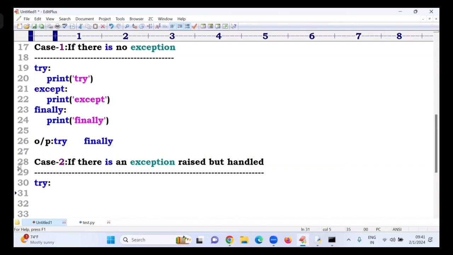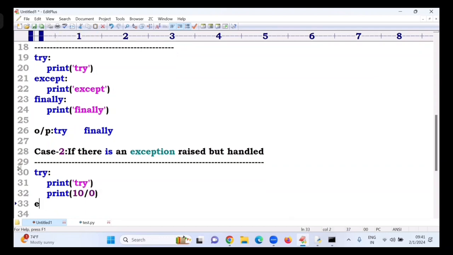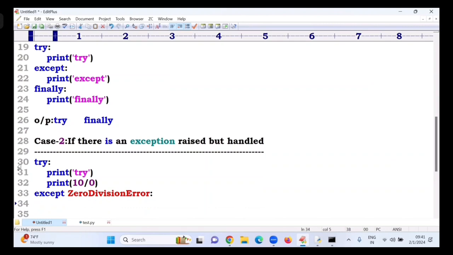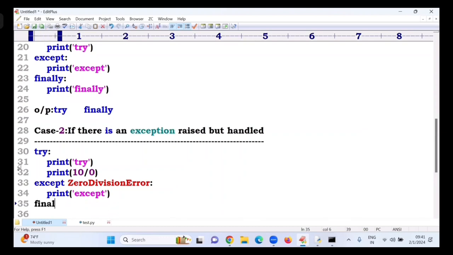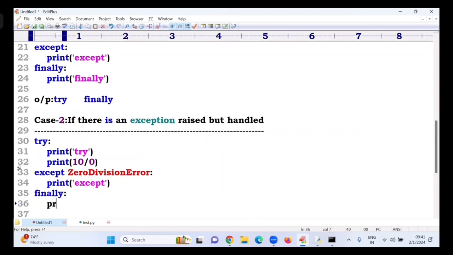Try block, print 10/0, except ZeroDivisionError, except block, finally block.